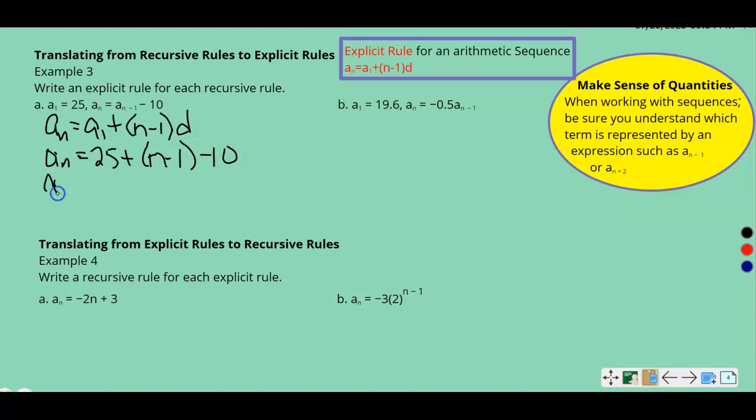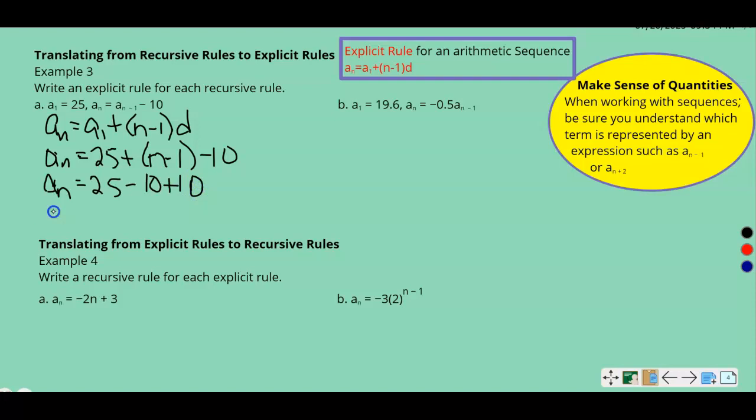So I've got A sub n equals 25 plus negative 10 times n minus 1. So I can use the distributive property and say minus 10n. N times negative 10 is minus 10n. And then negative 1 times negative 10 is plus 10.